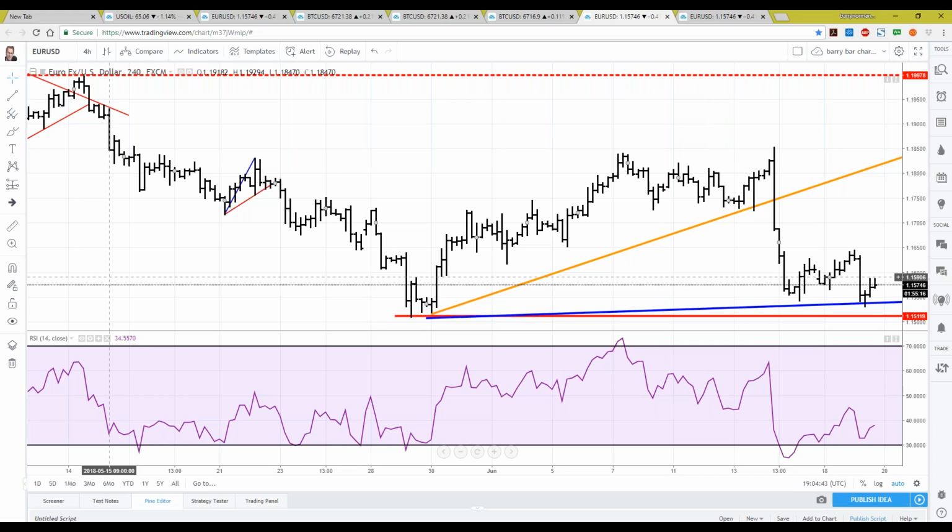Now we can see in the short term, which this chart is taking us back in, say, a month. No, this chart's only taking us back a couple days because we're looking at a 4-hour chart here. So on a 4-hour chart, we can see that overall, the euro is trading in a downtrend.